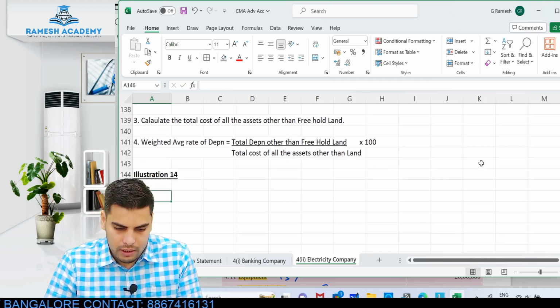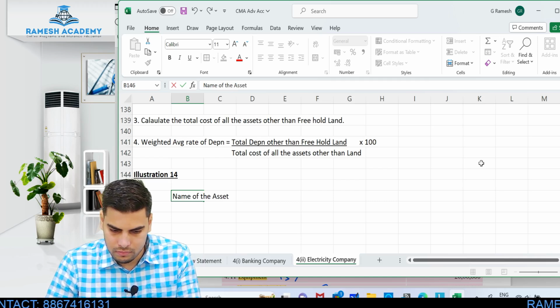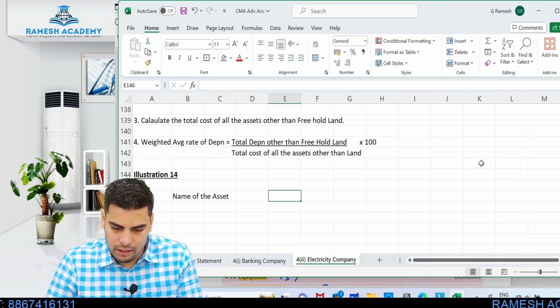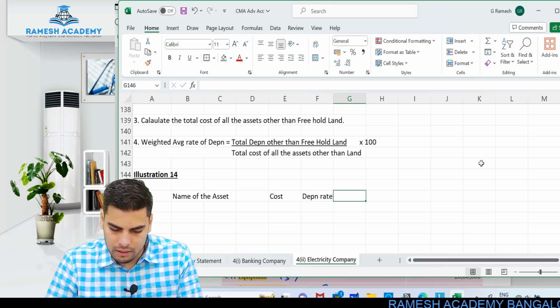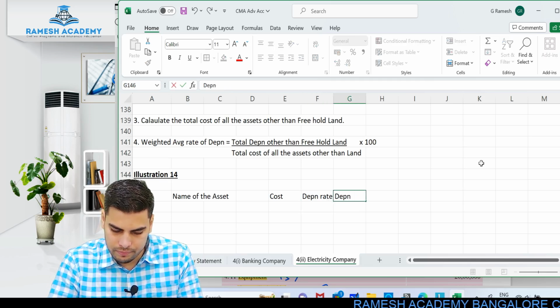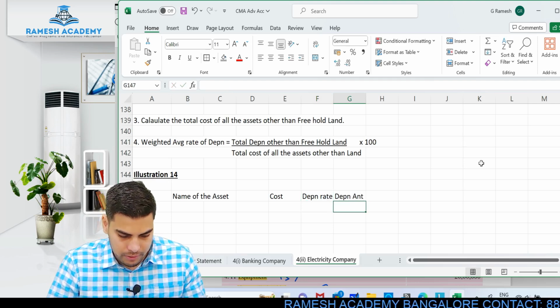So what I'll do is I'll just write the name of the asset, and then here I'll just write the cost, the depreciation rate, and then the depreciation amount.